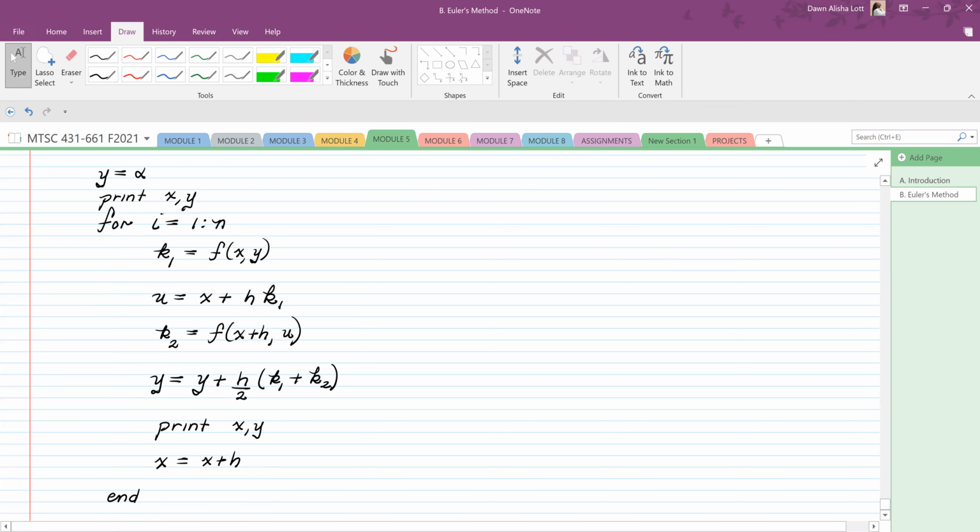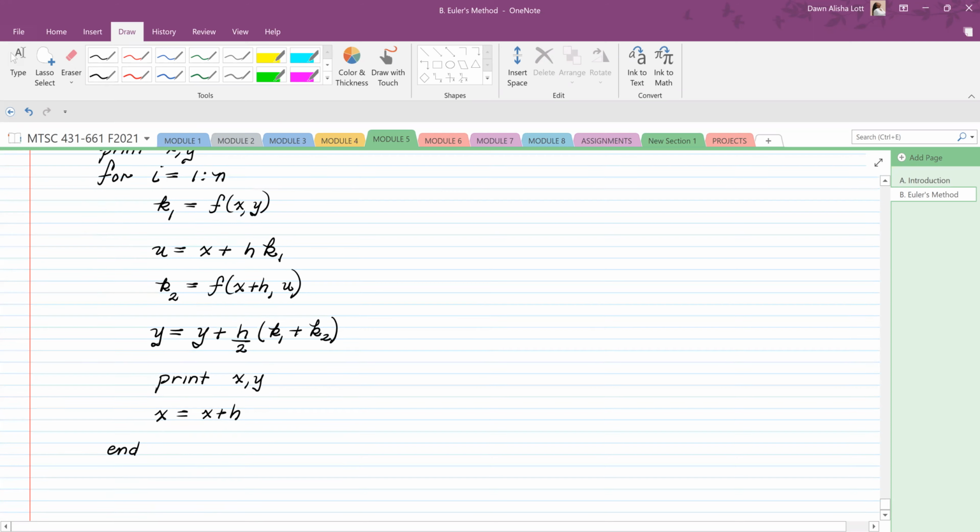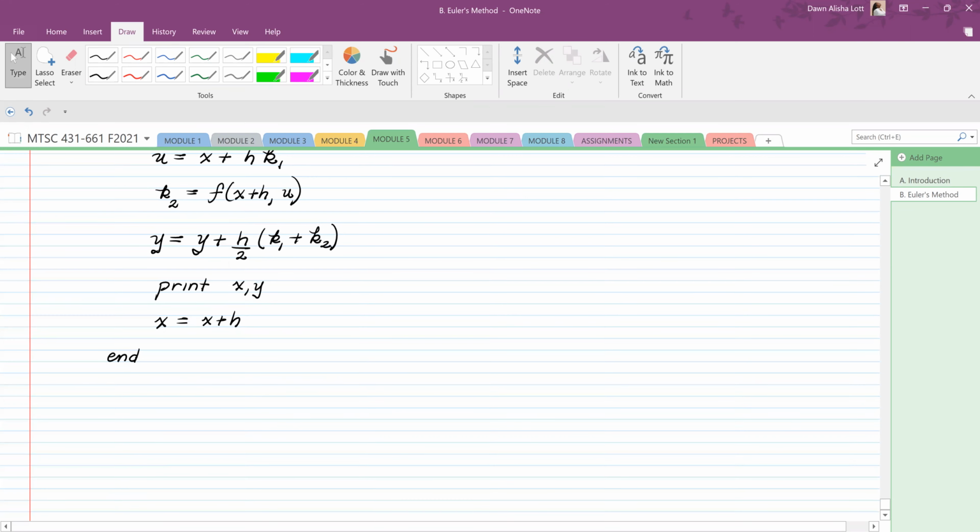And improved Euler is by far much better than the regular Euler. There's also a backward Euler.